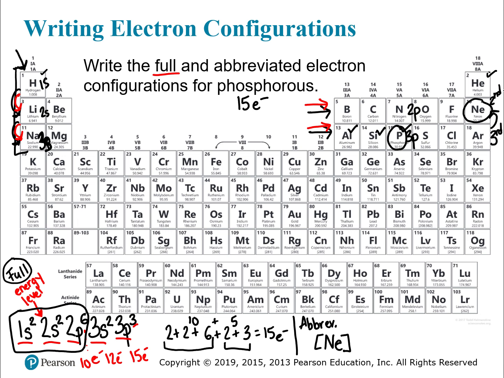Then you have to write out the part of the configuration that gets you from that noble gas to the element on the periodic table that you're interested in. In this case, we have to fill in everything on the third row. That's your 3s2 and 3p3.